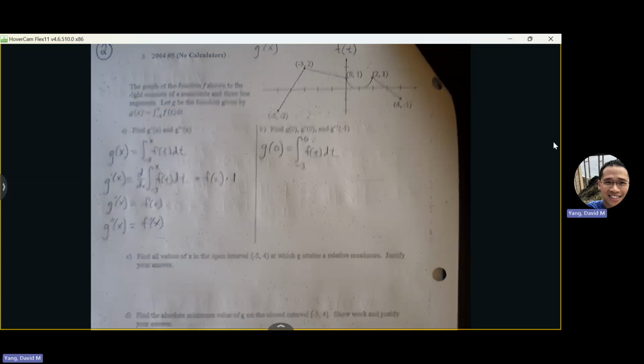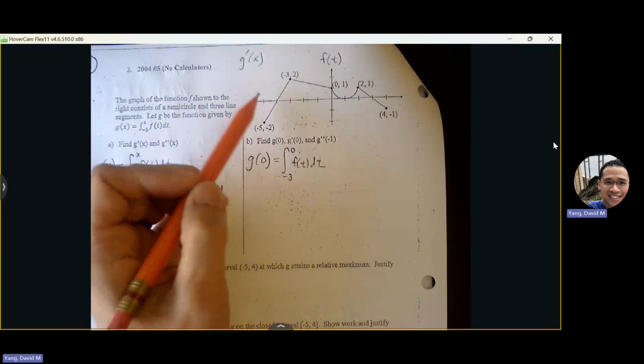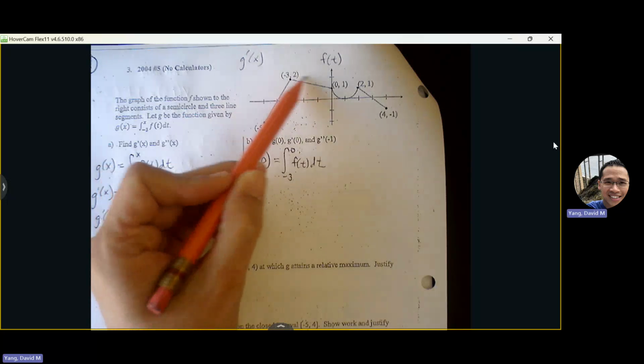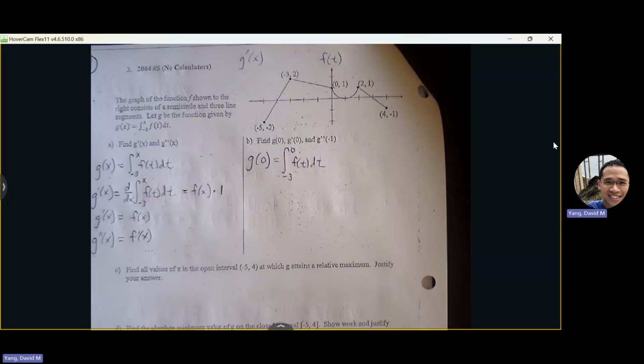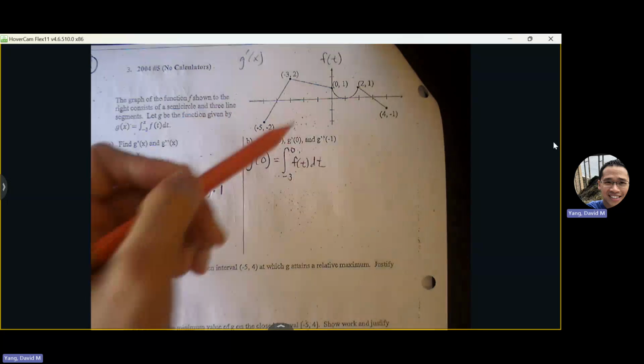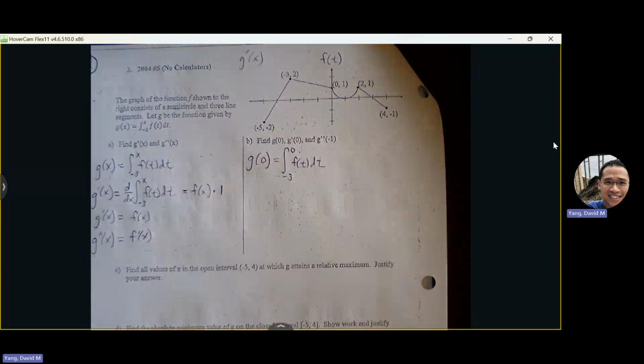Now, this part is important, because a lot of you may be finding areas of regions that are not part of the diagram. What's important is that we know what we're working on, because if you're trying to find shapes that are not defined, then that is going to throw all your answers off. The only region that we care about is between the graph and the x-axis. So let's do that first.